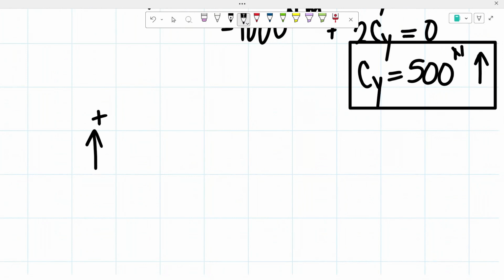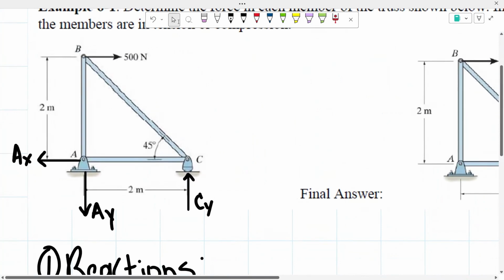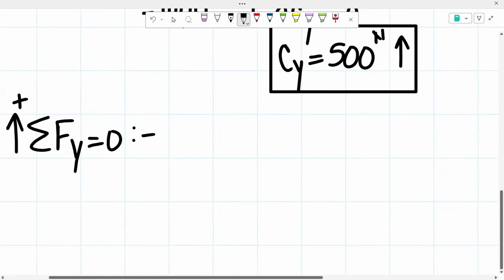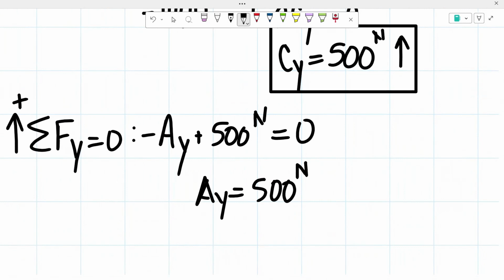Upwards positive, the sum of our forces in the y direction has to equal 0. Here we assumed that A sub y is going downwards, so that's a negative force, and C of y we found is going upwards, so that's positive. So negative A sub y plus 500 newtons has to equal 0. We end up getting that A of y is equal to 500 newtons, a positive number, so we know it's going downwards.